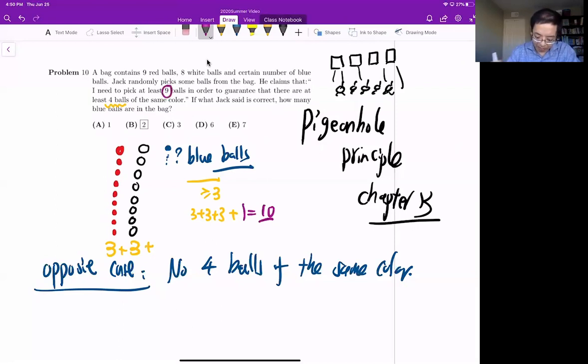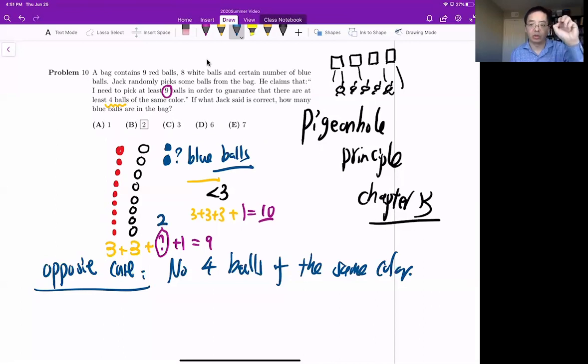So that means the number of blue balls is less than 3. Then it's very easy to see: I need 1 more in order to get 9, right? So the conclusion is there are exactly 2 blue balls, because in that case the worst scenario is 3 plus 3 plus 2, which is 8.